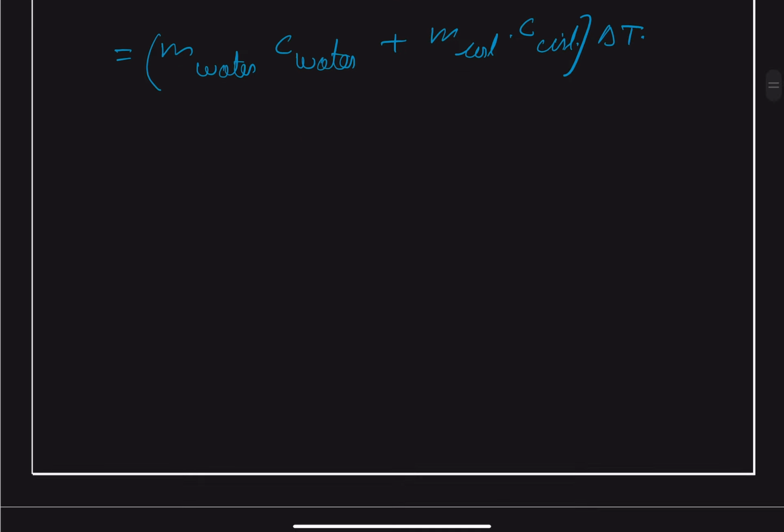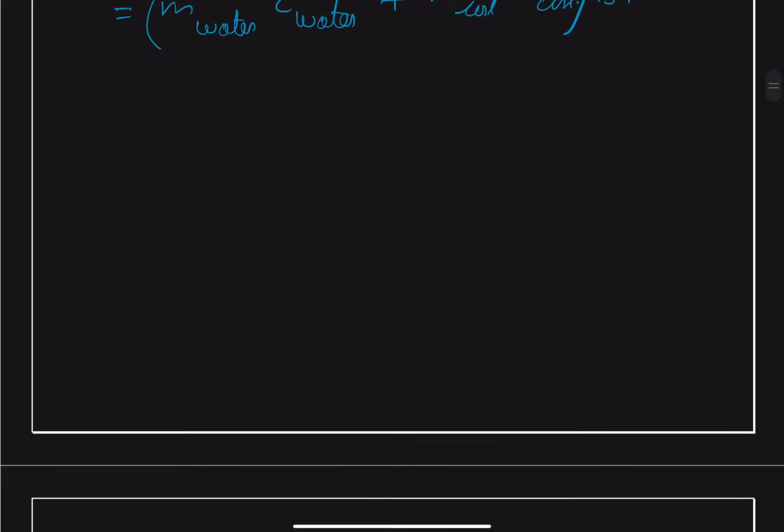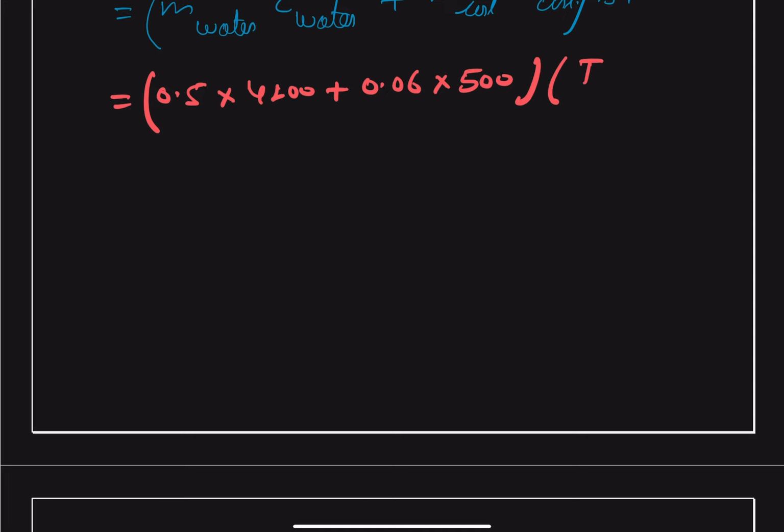So we have to find out this delta T. Delta T will be final temperature TF minus initial temperature. So we substitute the values. We are given 0.5 multiplied by 4200 plus 0.06 multiplied by 500, and change in temperature is final temperature minus initial, that was given as 30, and this entire thing is equal to 12,000. Now it is quite simple.